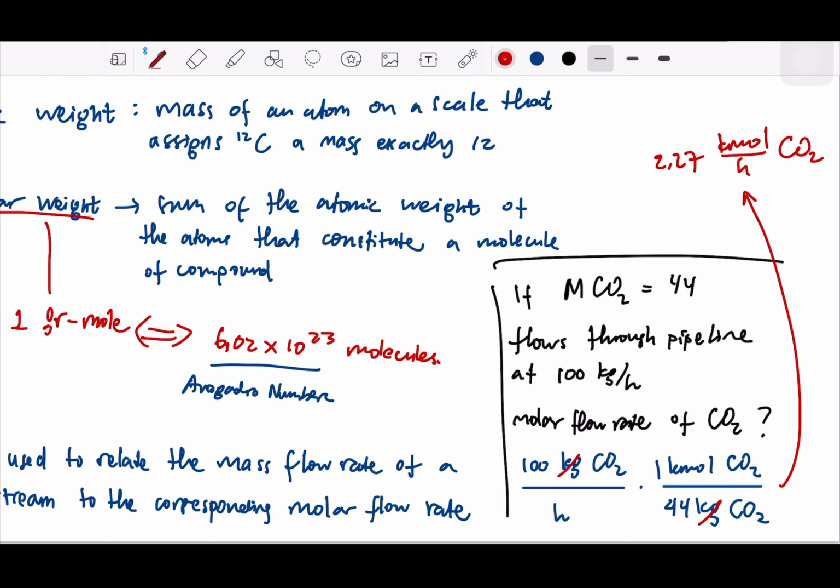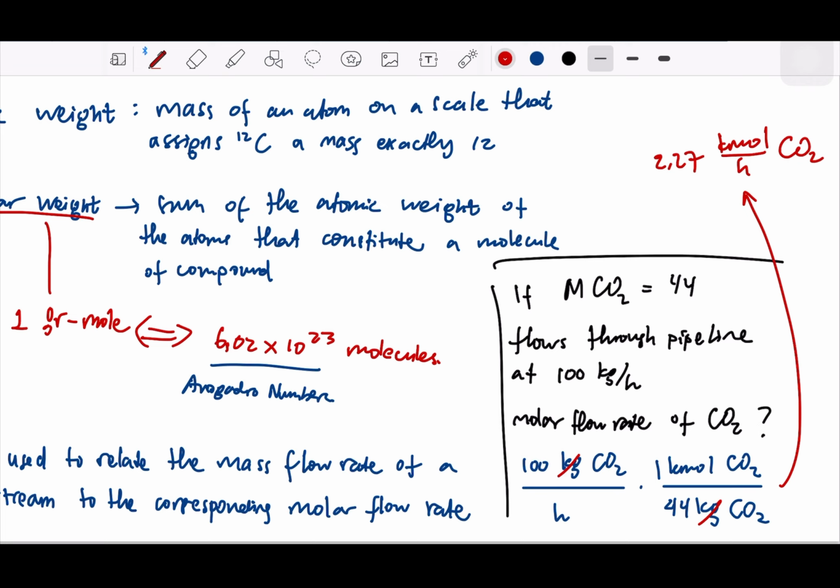Okay, so aside from the molecular weight and the moles, another important term is the average molecular weight and the fractions. They are also important.